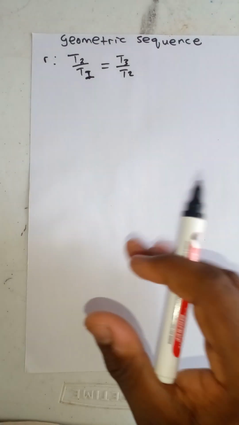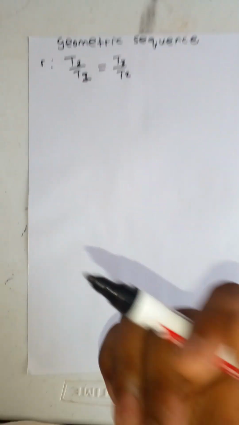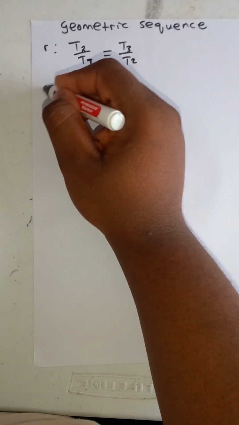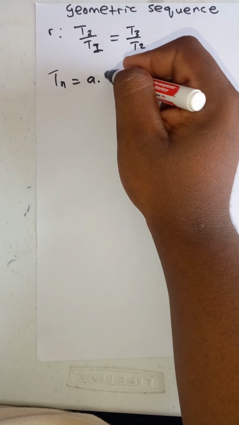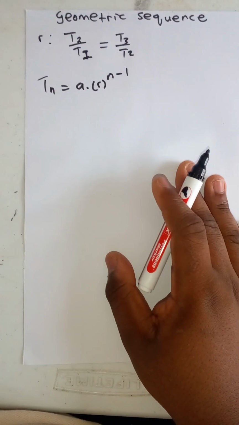The formula representing the geometric sequence is called the general term, the nth term, or Tn. So Tn is equal to a times r to the power of n minus 1. Can you see it?